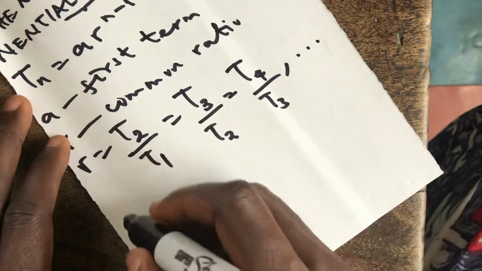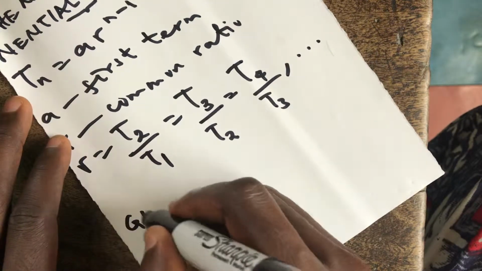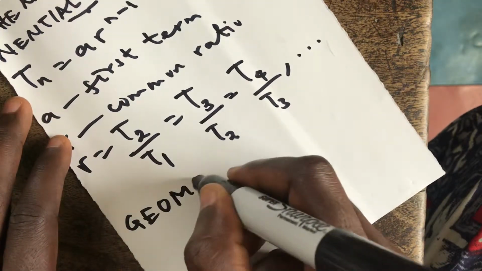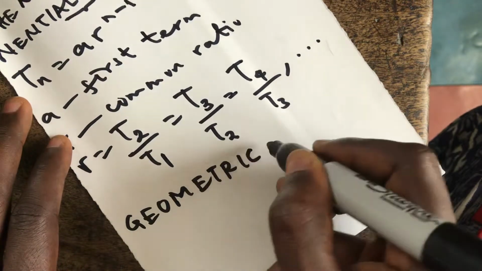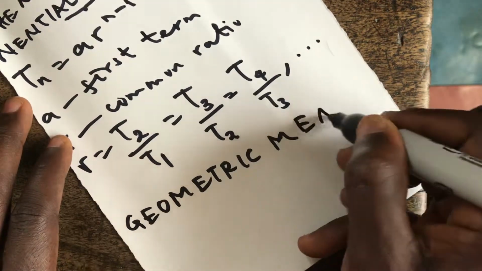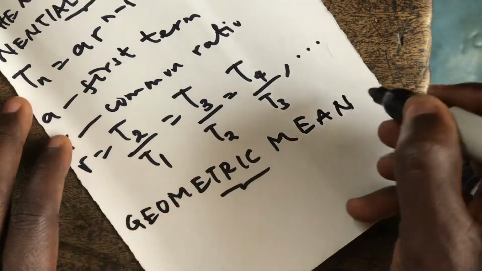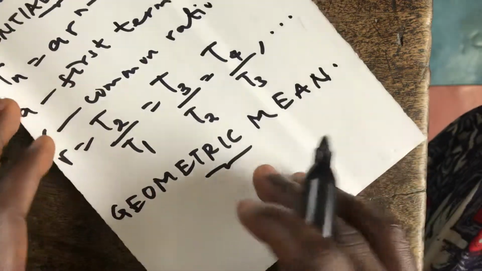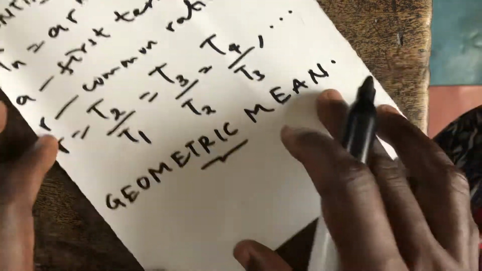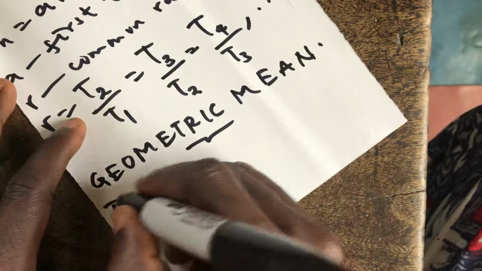Now we move on to geometric mean, just as we had arithmetic mean. The geometric mean is usually the term in the middle of any two terms of a geometric progression.